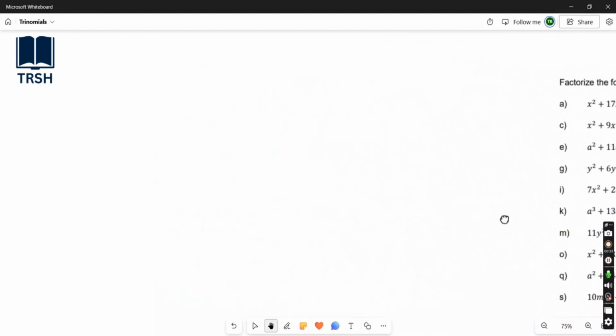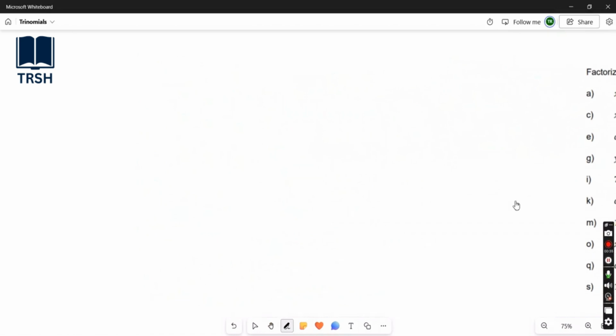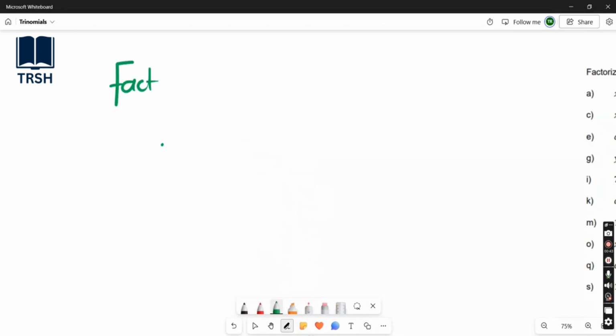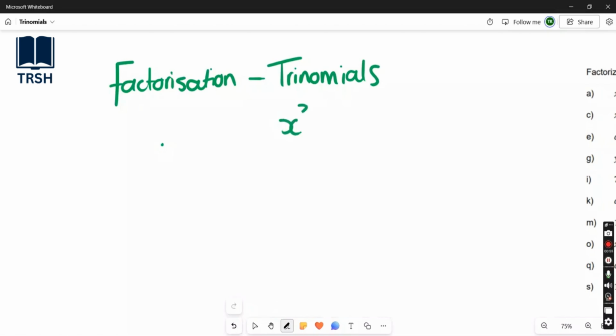A trinomial, let me just make some notes on the side over here. Whenever we're dealing with factorization using trinomials, it's always going to be in the form x squared plus bx plus c.